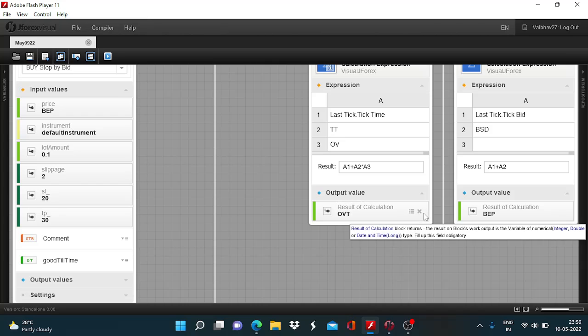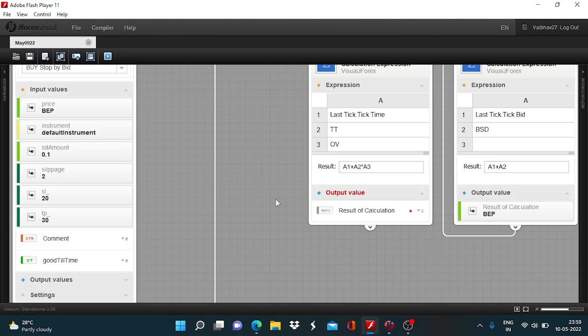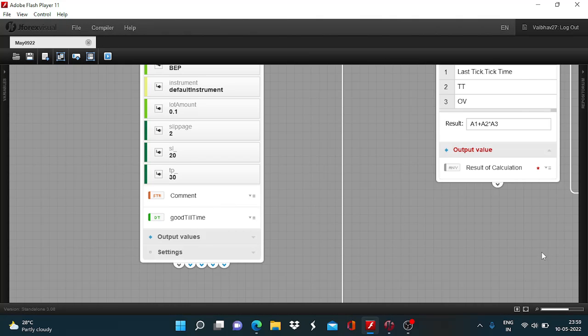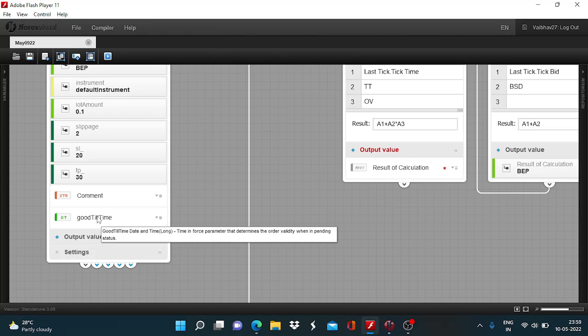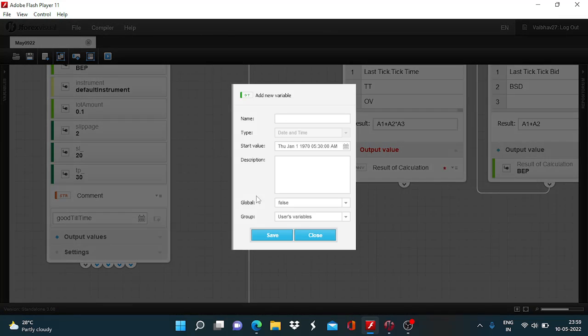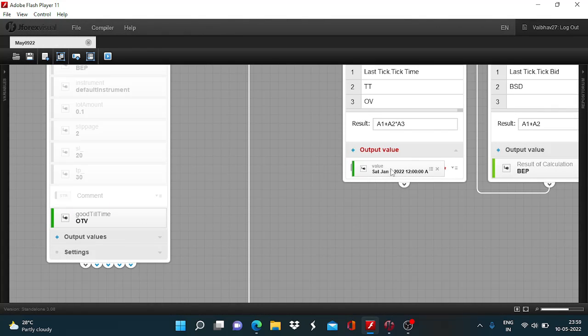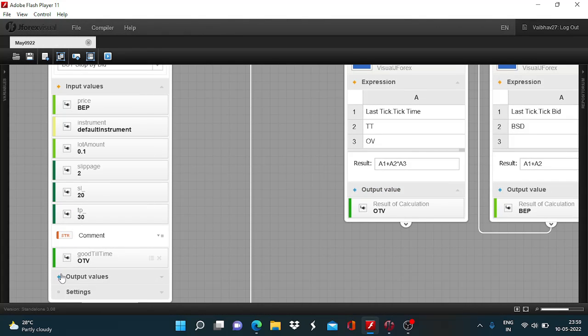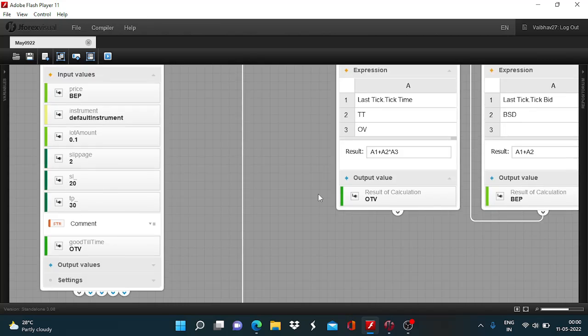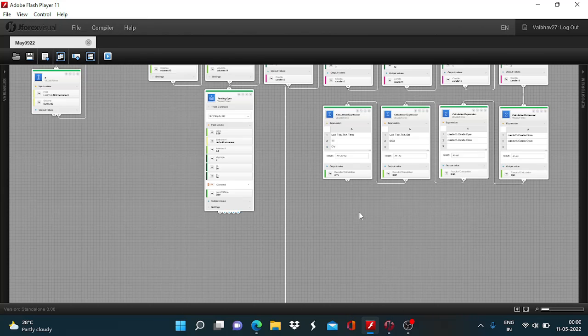Oh, I think we have to make sure that the data type matches. So I will create the variable with the long data type here. I will name it OTV and then assign to this the output value. So its value will be derived from this calculation. All right.